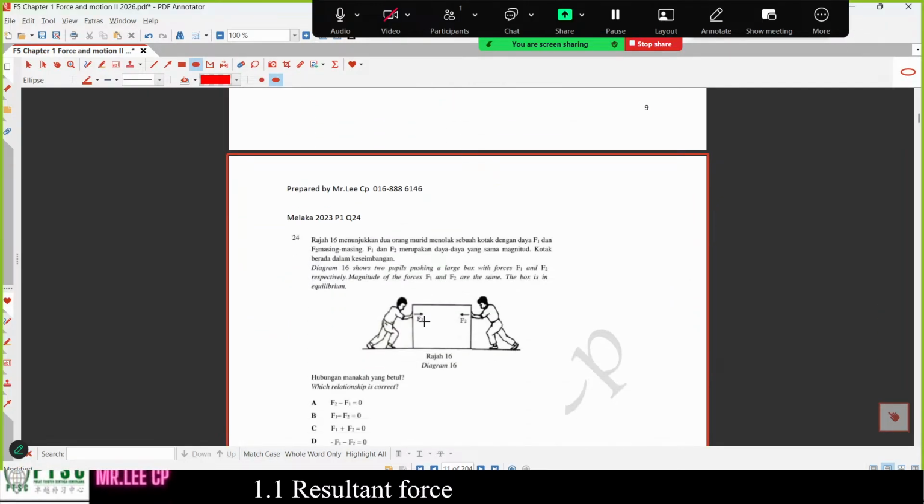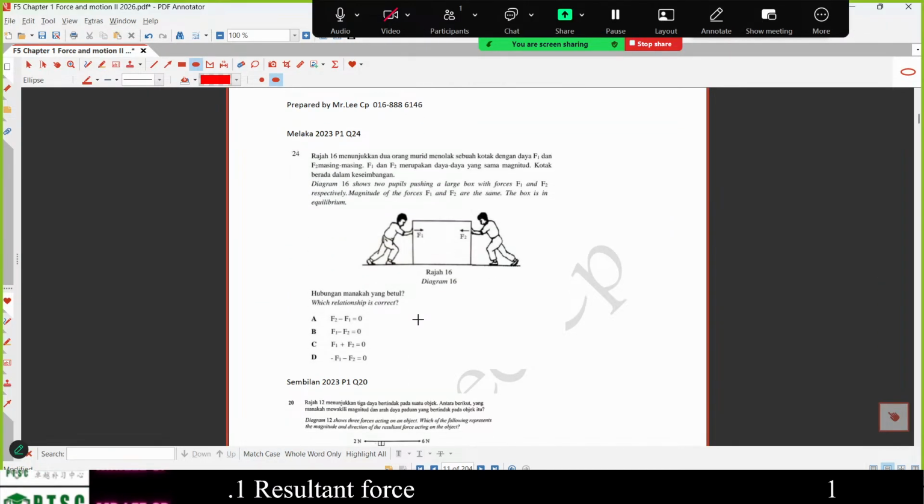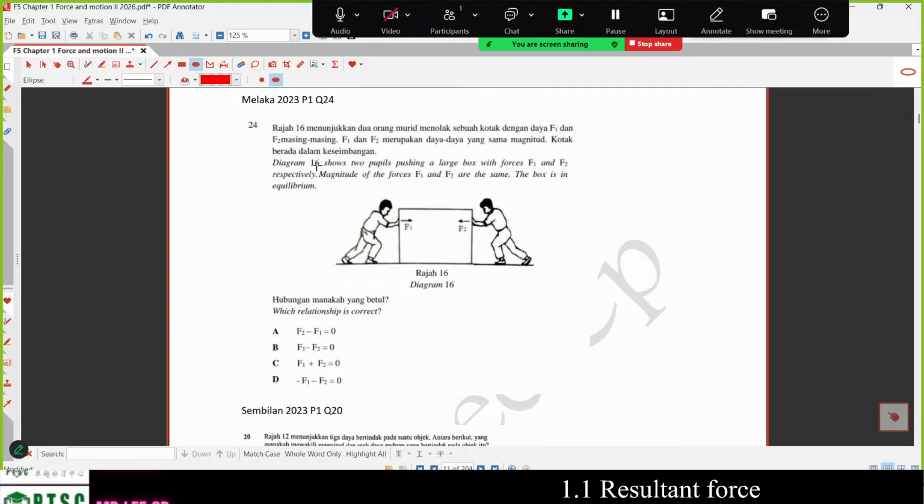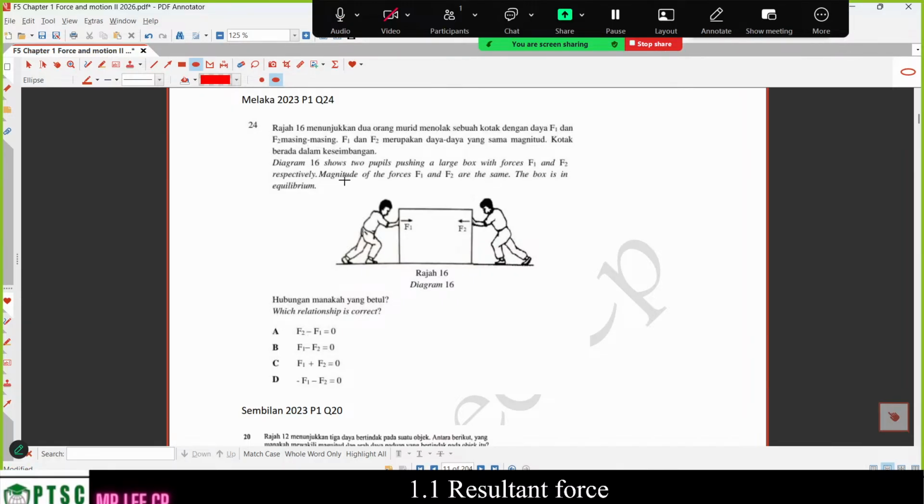Okay. Now, this kind of question. Never mind. We do it. Right. 2023 Malacca. Diagram 16. I make it bigger. Diagram 16 shows two pupils pushing a large box with force 1 and force 2 respectively.